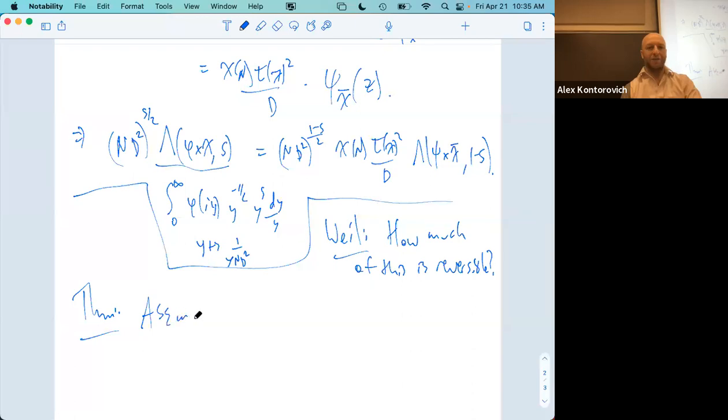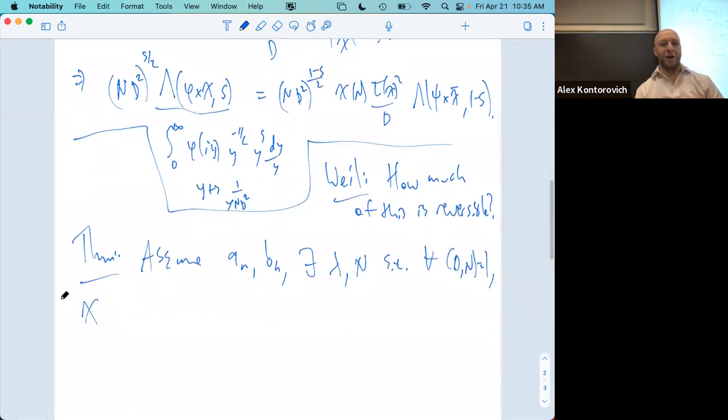So again, assume we have this sequence A and Bn, we have these L functions, and there exists an n, an eigenvalue lambda, so that for all d coprime to n, and for all Dirichlet characters mod d, only those that are primitive, will have this nice functional equation with the tau.